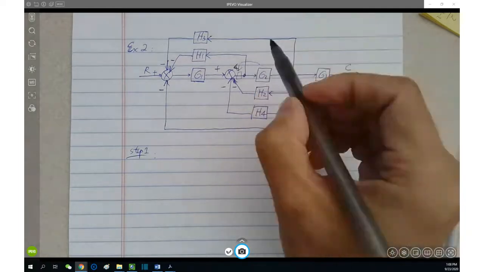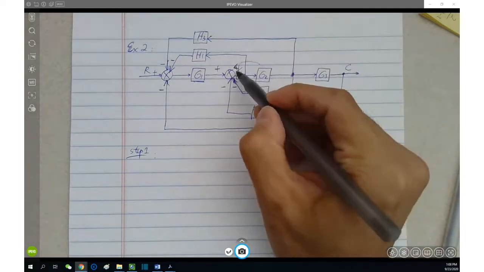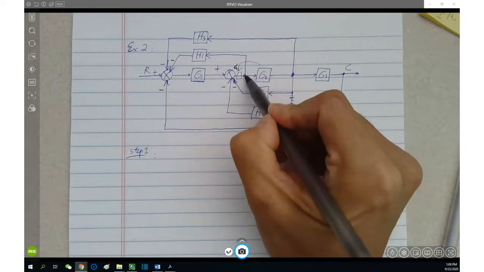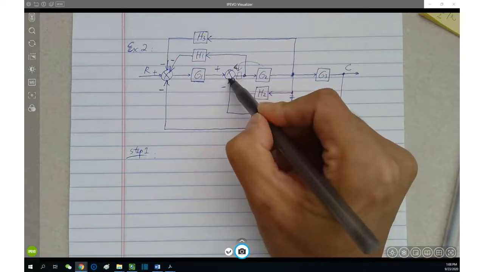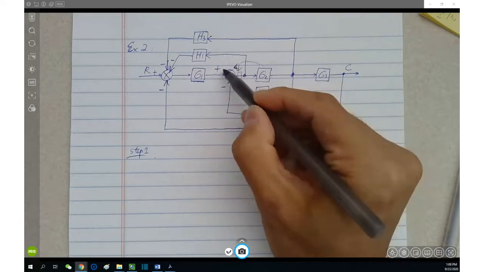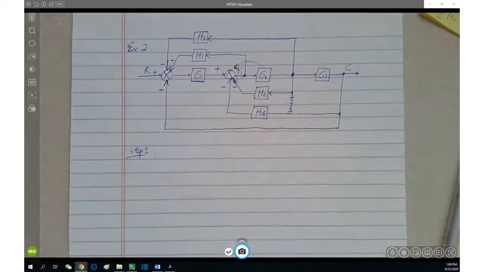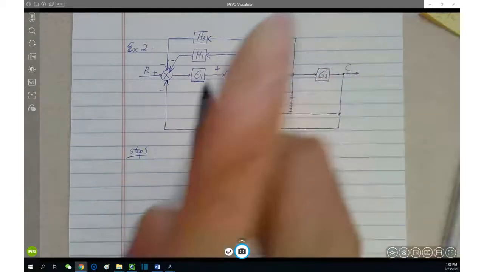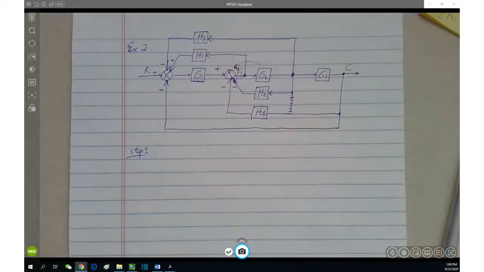By the way, you can't move G2 over one pickoff point here and one summing junction here. If you move G2 over to here, that does not work. Be very careful: one block at a time, and moving past one pickoff point or summing junction at a time as well. We can't move over more than one.